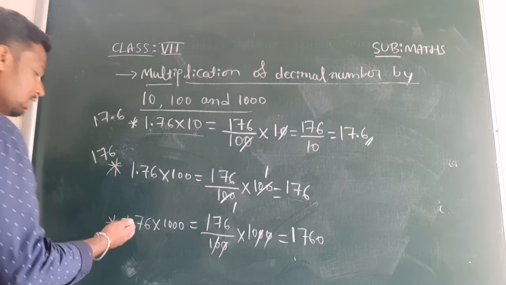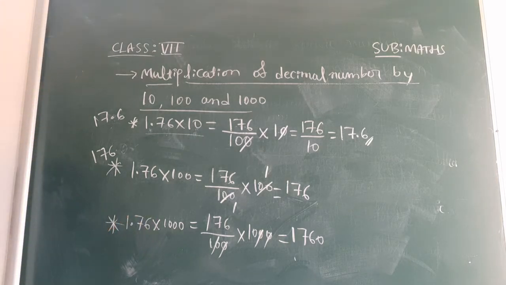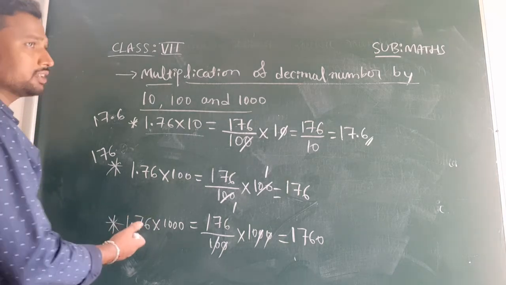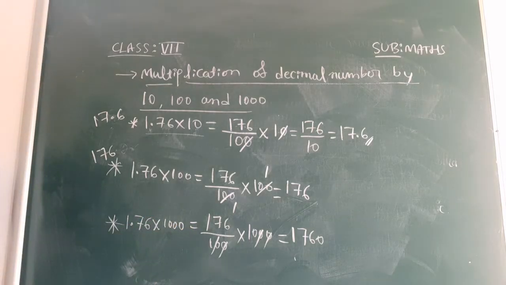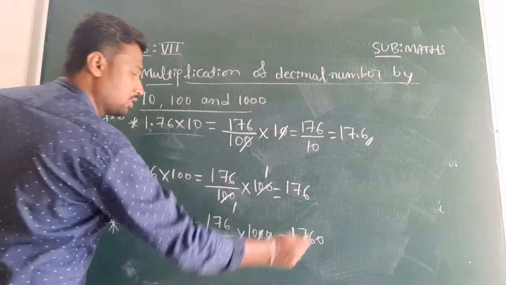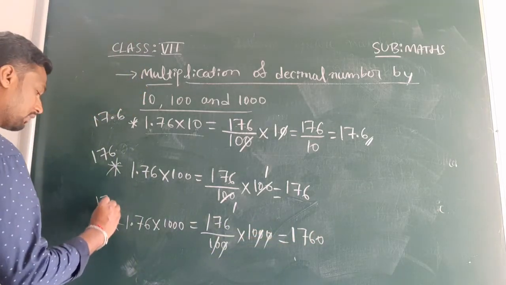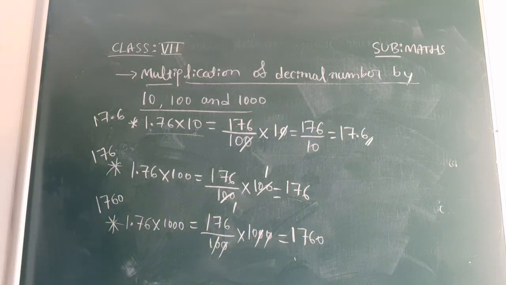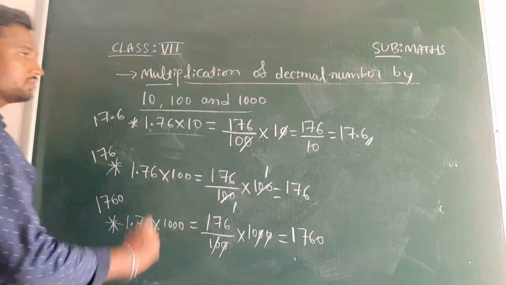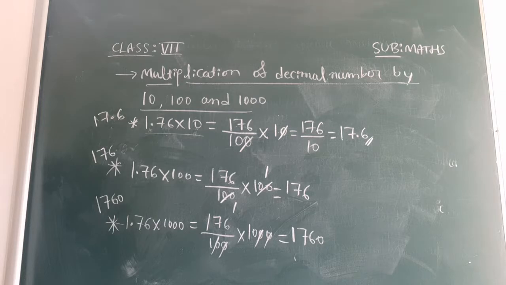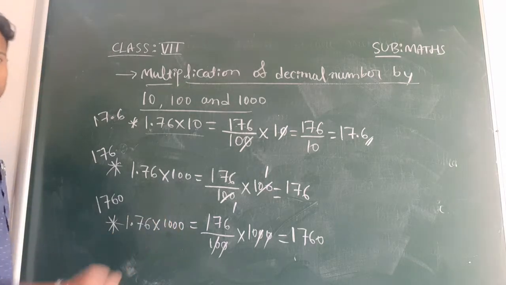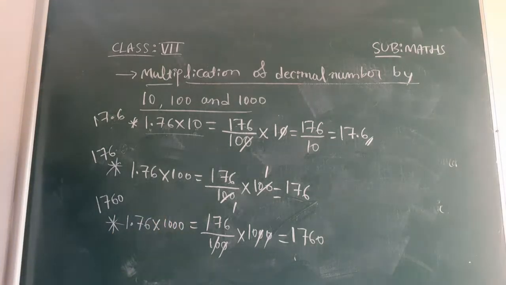Again you can see here 1.76 into 1000. We are multiplying this decimal number with 1000. So if you multiply with 1000, what is the answer we got? 1760. Okay. So now you can see how many zeros we have here. In 1000 there are 3 zeros.